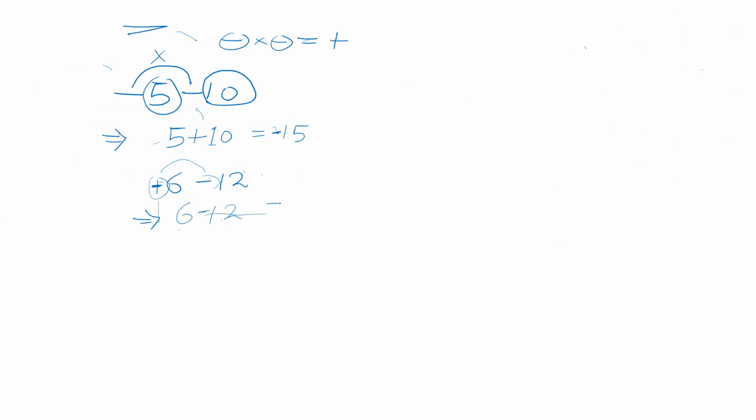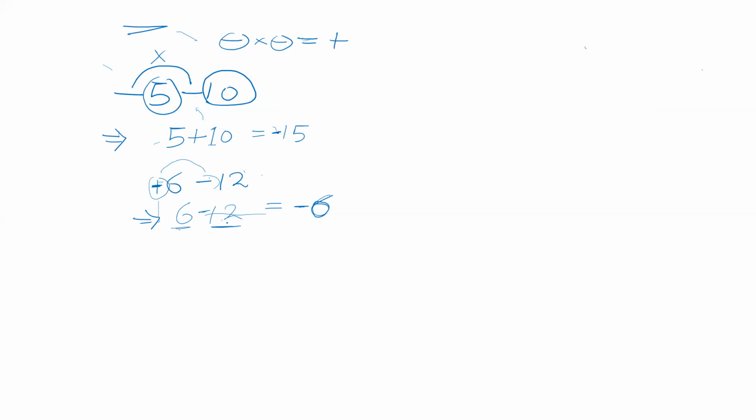So we see that 6 minus 12 will give us minus 6. Now you may ask how this minus sign came up. Why can't we write just plus 6? Because out of 6 and 12, which is the greater number? 12.